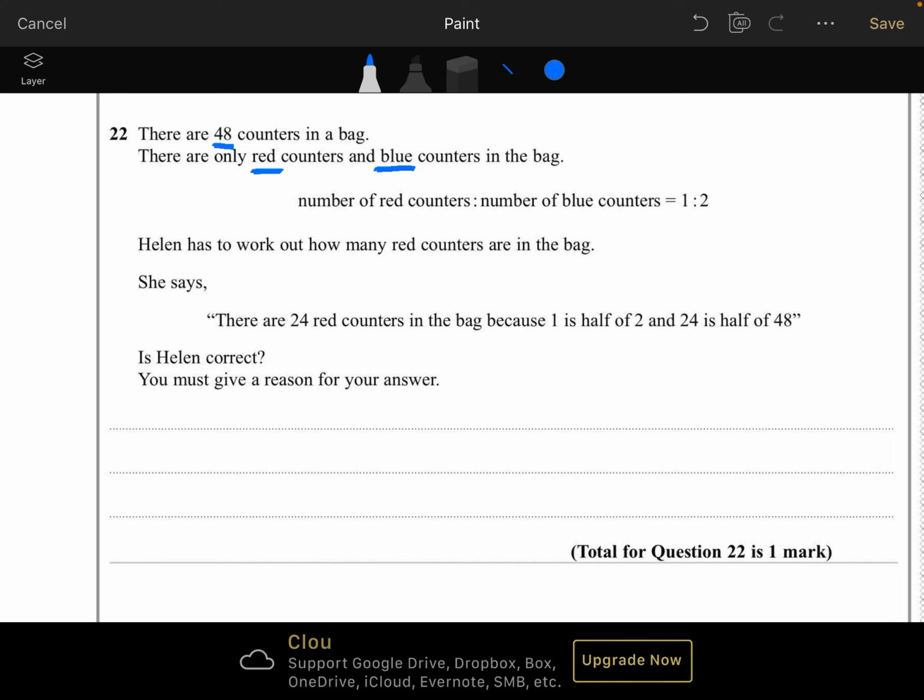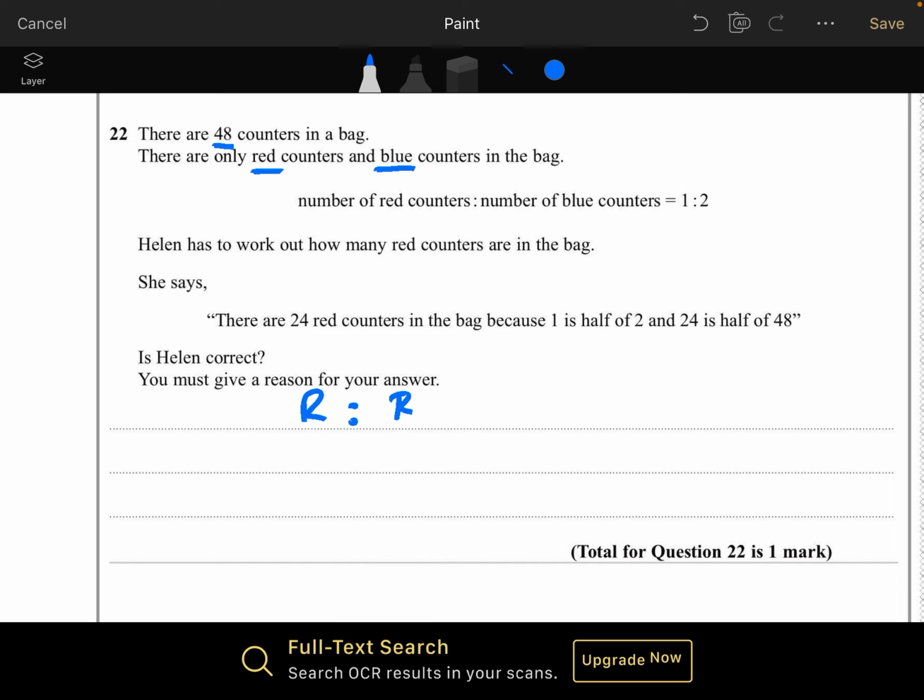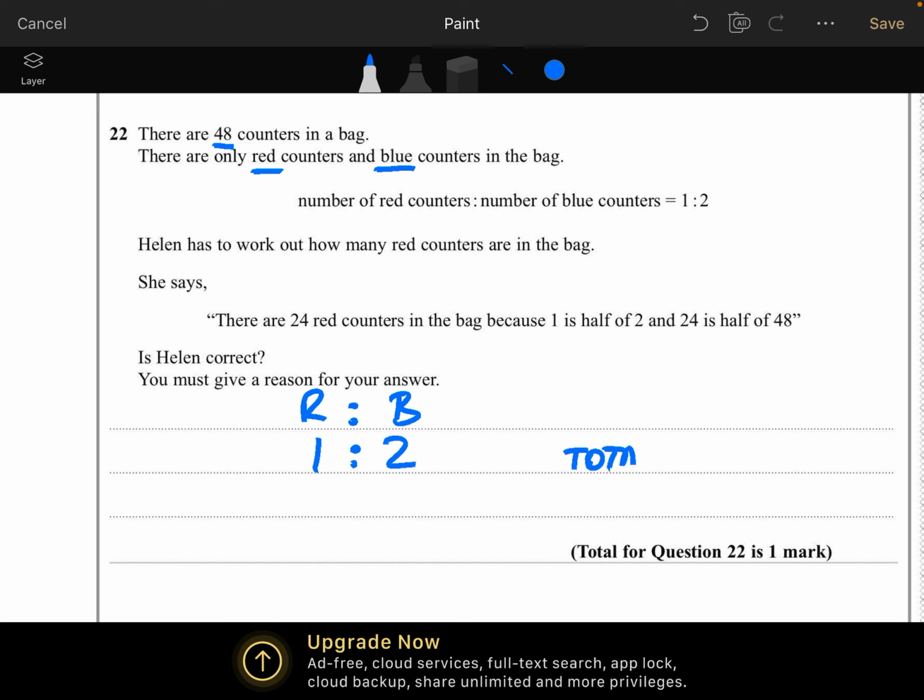Well, she's not correct, but let's write down what we would do if we've got a ratio of red to blue, 1 to 2. When we've got a ratio, we always add up the parts of the ratio.